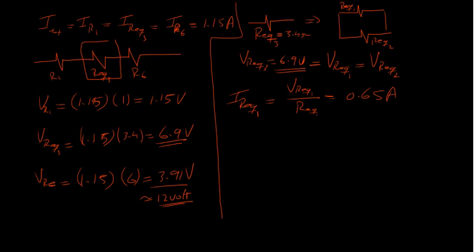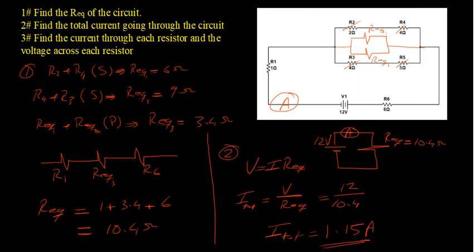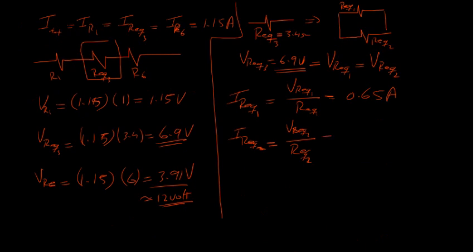All right. Now, how much is the current going through equivalent 2? It's the same voltage, but a different equivalent. We can check that. It was equivalent 2, it was 9 ohm. Now, to calculate that, sorry, no. Just erase that a bit quickly.